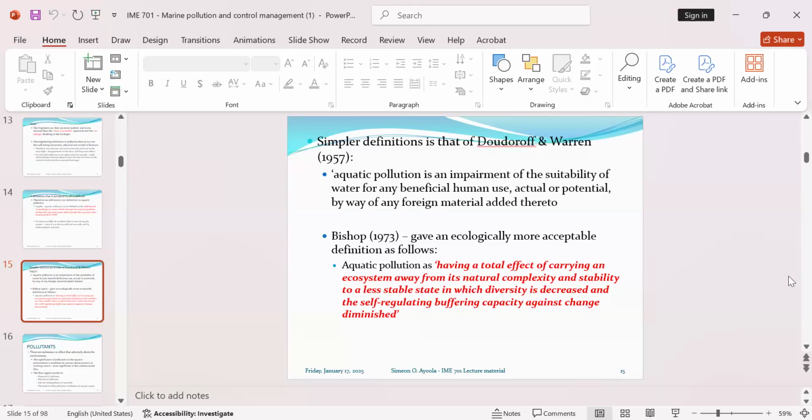He says aquatic pollution has a total effect of carrying an ecosystem away from its natural complexity and stability to a less stable state in which diversity is decreased and the self-regulating buffering capacity against change diminished. So this is the ecological definition, which is more acceptable.